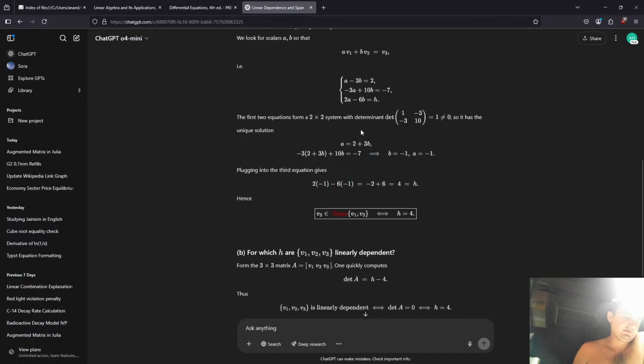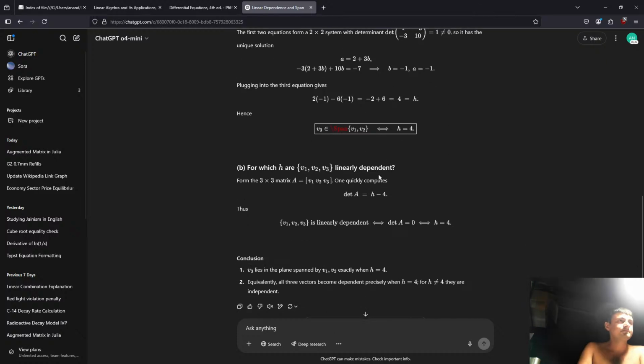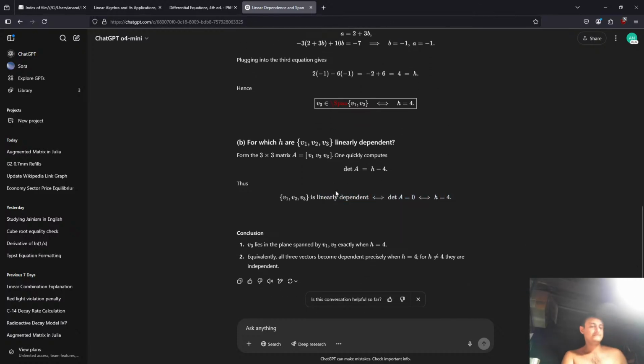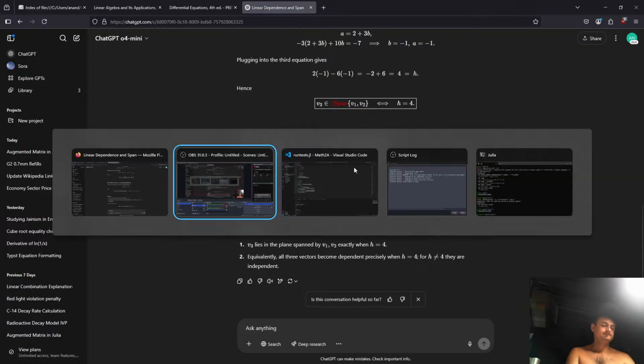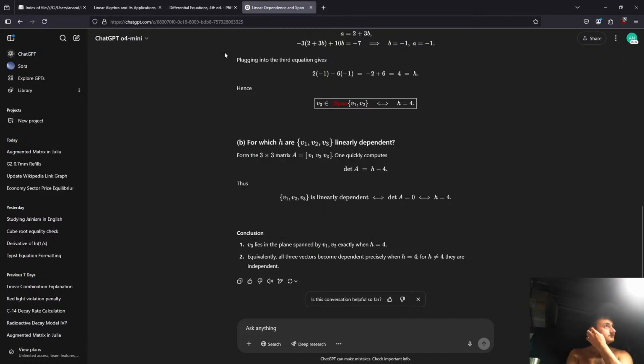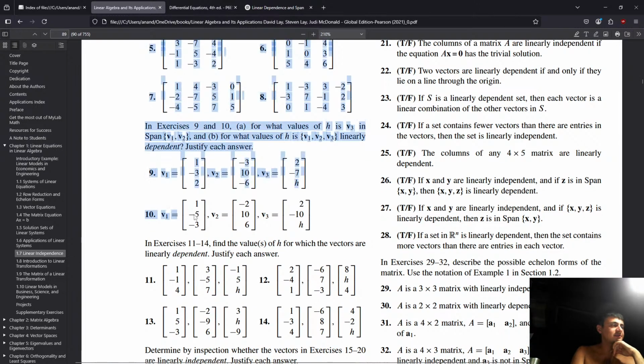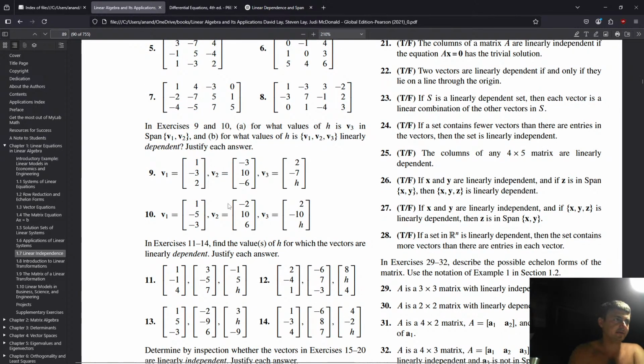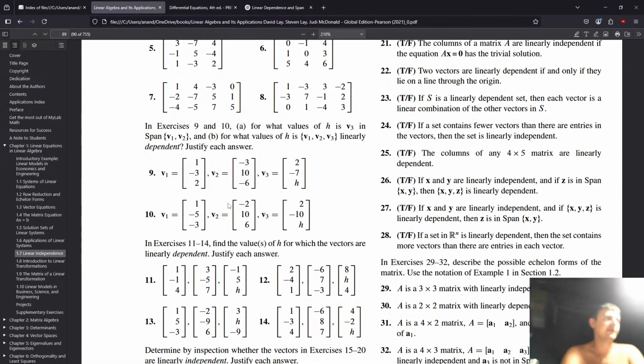That's how they did it. Okay, it's basically the same. Yeah. Okay, so hopefully that makes sense. We don't need to do this other one. You basically reduce it, and then you think about the consistency of the system or whether or not it's free.